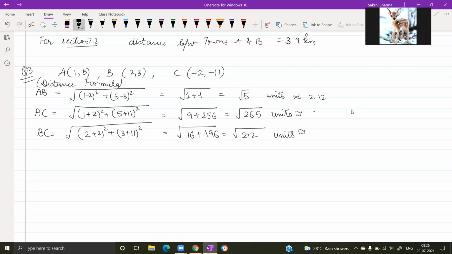It will be more than 5. 15 square is 225. Its value will be more than 15. 16.27. 212. 14.56. Okay. Now just look at the values if the sum of any two distances is equal to the third one.